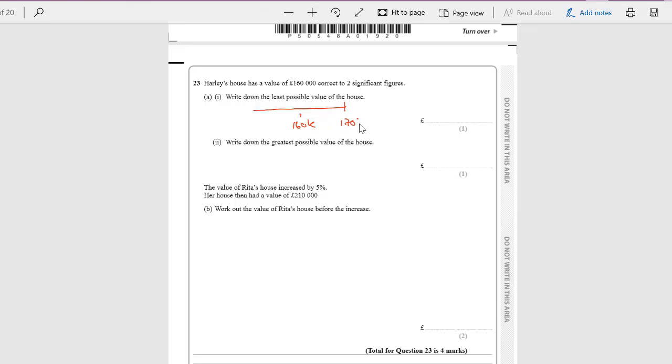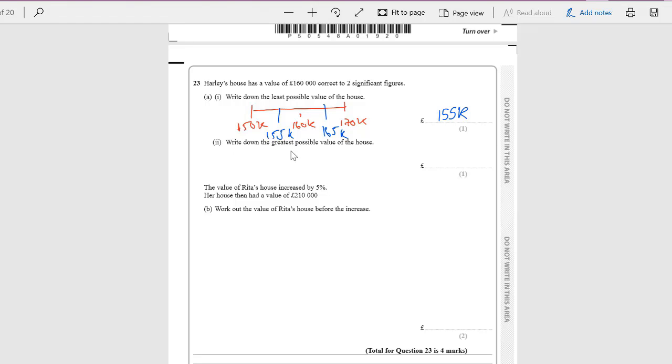So 170k, 150k. So you can have 165k, 155k. So the least possible value would be 155k.